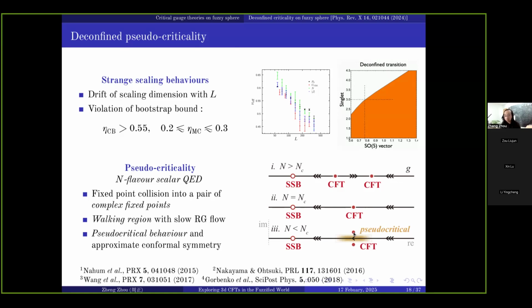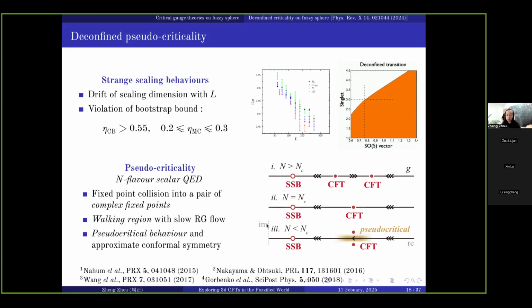In the vicinity of those complex fixed points, the RG flow is very, very slow. And so if the system size is not large enough, the flow will get stuck in this working region, and we will observe behaviors that are controlled by the complex fixed point in its vicinity, and that's what we call the pseudo-critical behavior.